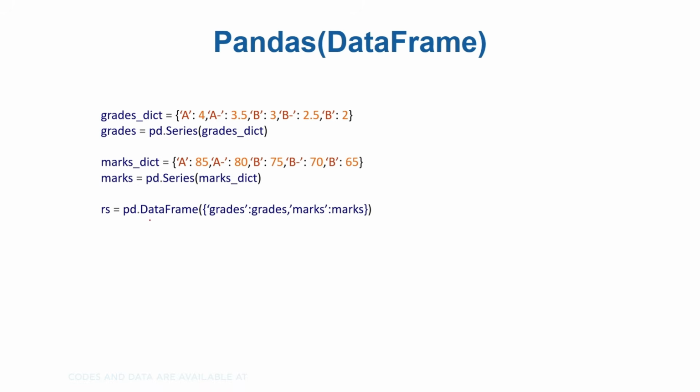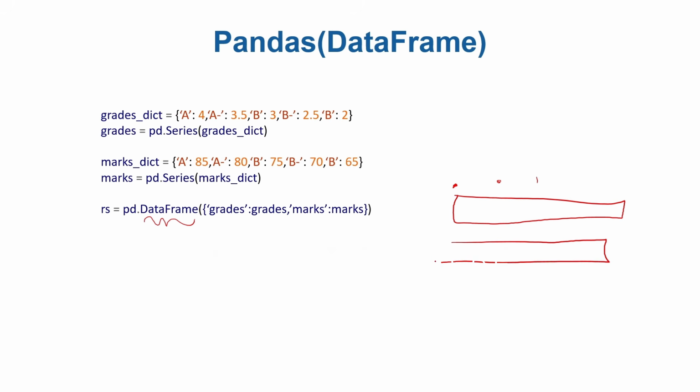In the last video we were discussing series, and I told you that a data frame is basically for data in the form of different columns. For example, a record as an array, then another record, then another record, and each element in a record is a different attribute.